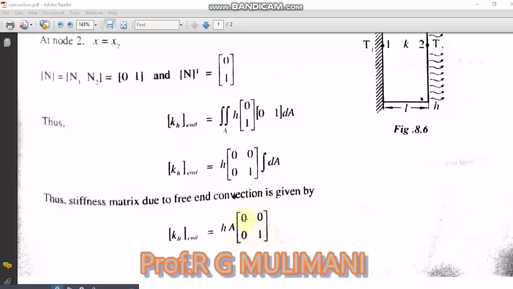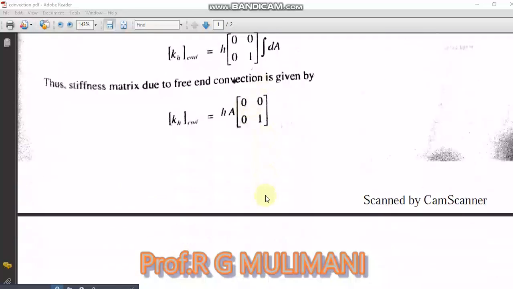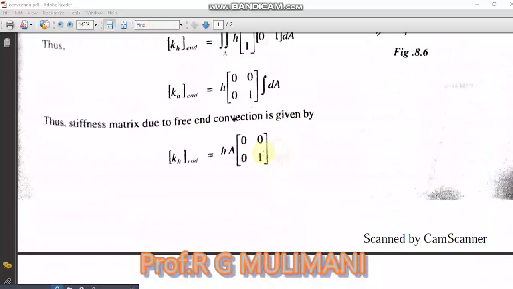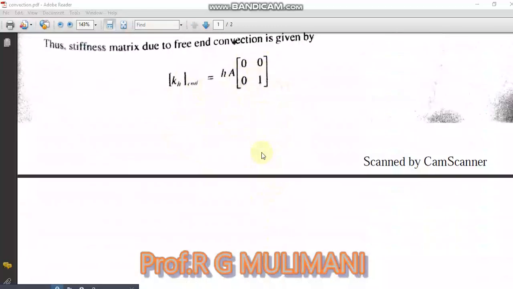If the 1 is in the A22 position, then the convection heat transfer is at node 2. If the 1 is in the A11 position, then the heat transfer is at node 1. This is the convection stiffness matrix.